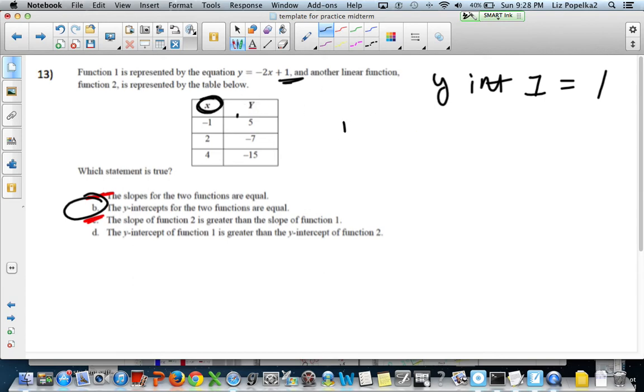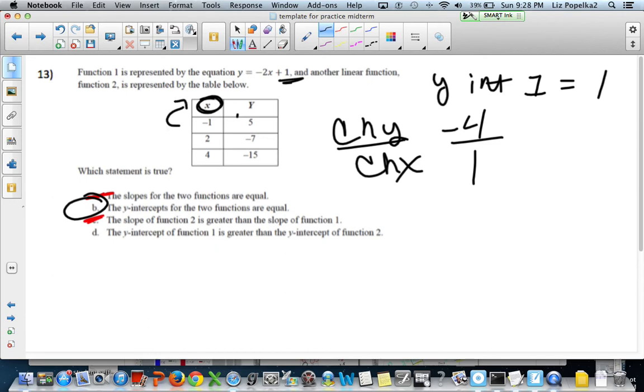We found our rate of change, our change in y over our change in x, was a negative 4, which is the same thing as a negative 4 over 1. So if our x goes up by a positive 1, our y would have to go down 4. So for this to go up 1 to become a 0, this would have to go down 4, which is why our y-intercept would be a 1, and why the answer should be B.